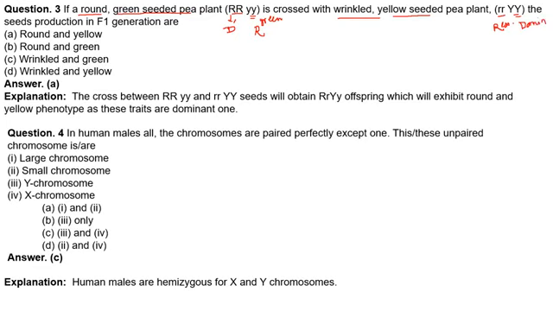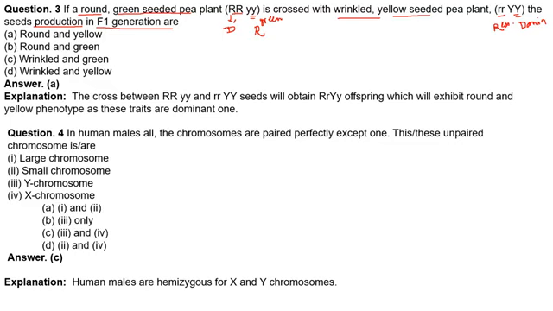Here, what should be the seed produced in the F1 generation? Let's first make the gametes and then cross the gametes.